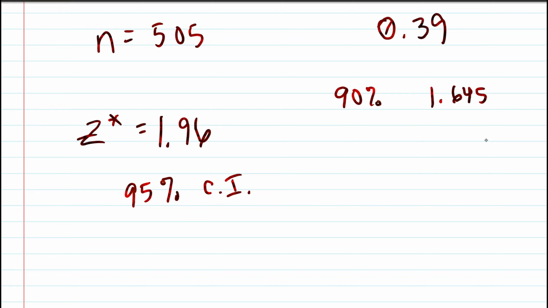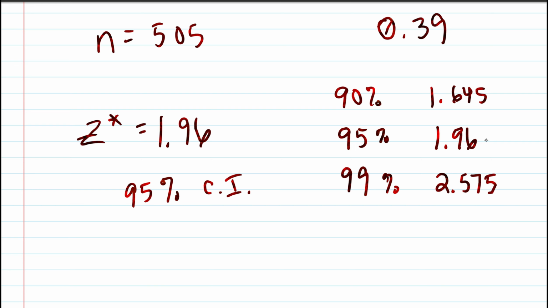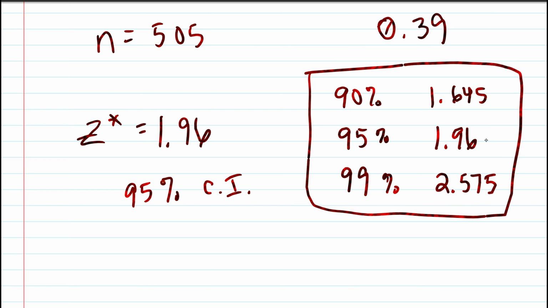These are the most common ones: 90, 95, and 99%. For 95%, we just stated it was 1.96, and for 99% it is 2.575. If you needed to find others between those values, then you would go ahead and use the technology of your choice.